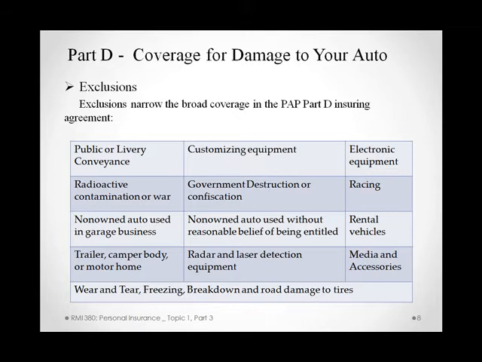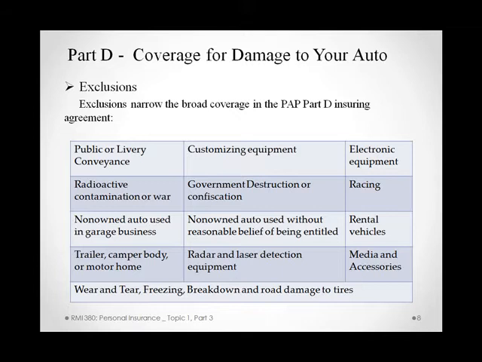For example, if the tires on your covered auto are damaged beyond repair because you strike a pothole, the cost of replacing the tire would not be covered. However, if a thief damaged the car and damaged the tire by driving the wrong way across the spikes in the parking lot, the tire loss would be covered because it's a result of a car theft.